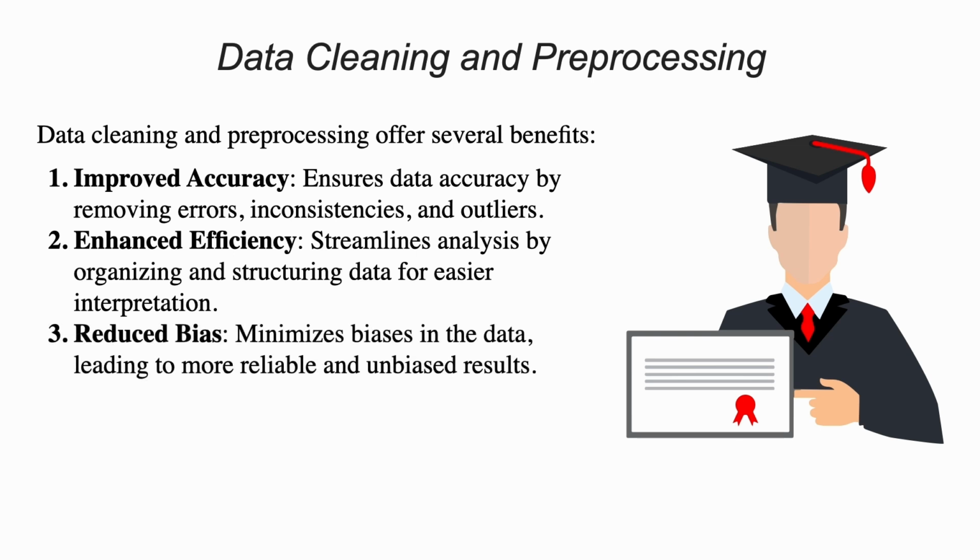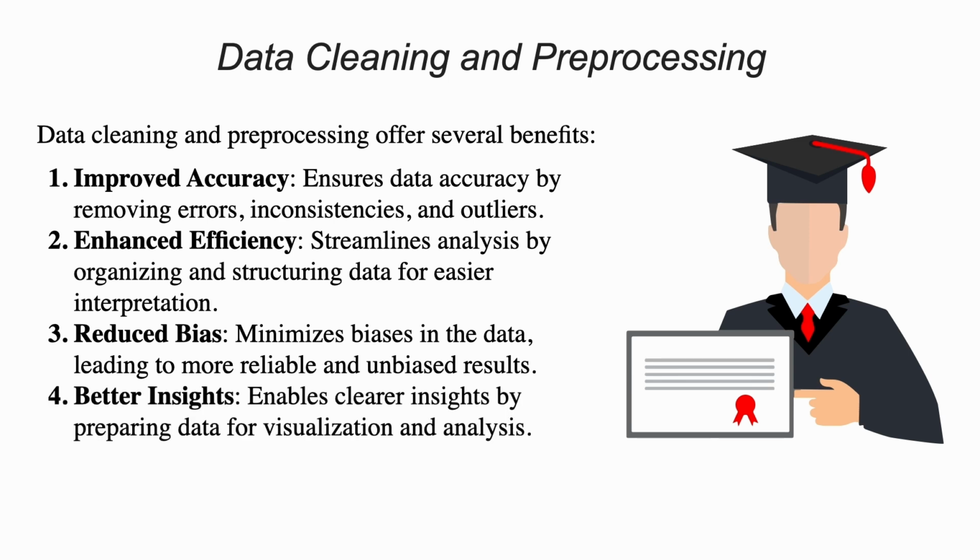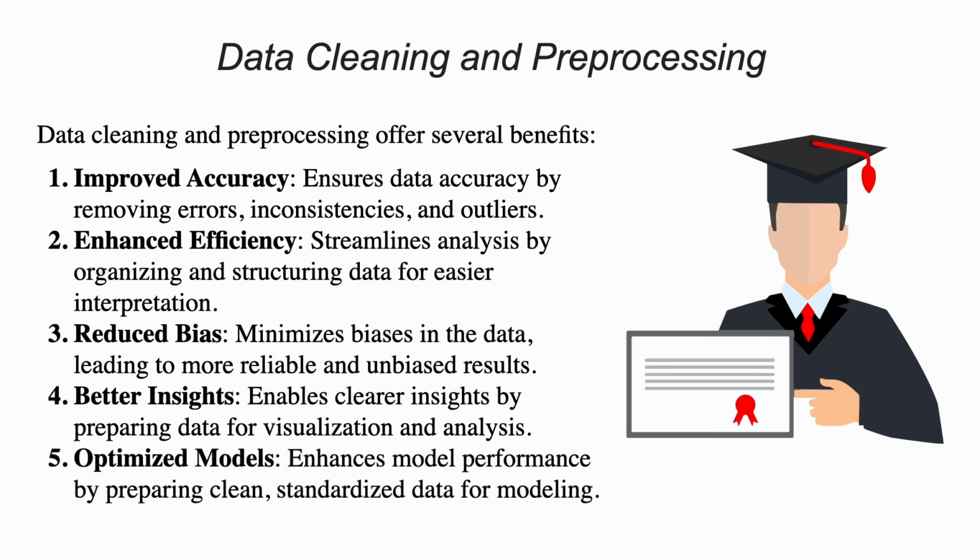Reduced bias. Minimizes biases in the data, leading to more reliable and unbiased results. Better insights. Enables clearer insights by preparing data for visualization and analysis. Optimized models. Enhances model performance by preparing clean, standardized data for modeling.